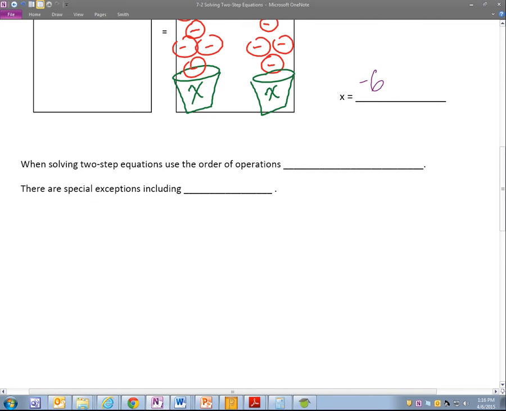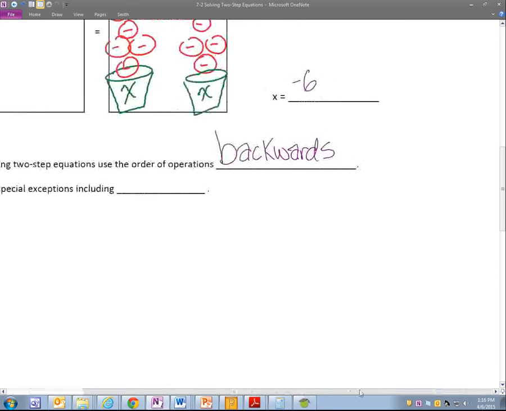Aren't we undoing stuff to a variable? If we're undoing stuff to a variable, it has to go backwards. We do the order of operations backwards. And that backwards is going to be SAD MAP. It's a sad map.